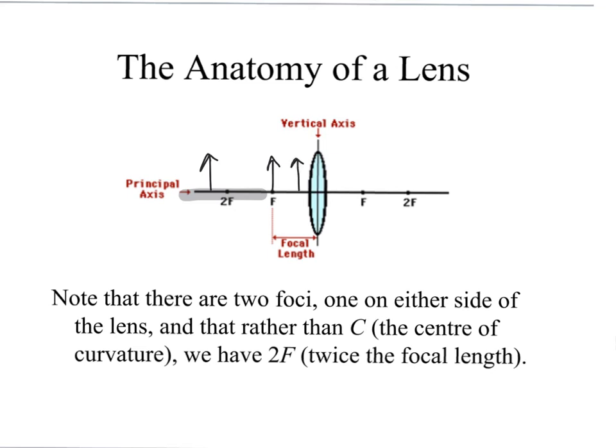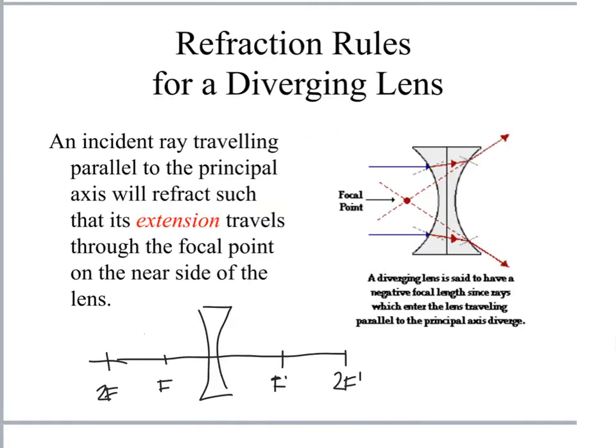Now we're going to go on to discuss ray diagrams for diverging lenses. Thankfully, there is only one thing it does, just like the convex mirrors. So this is where using those apostrophes with our F and 2 times F are particularly useful.